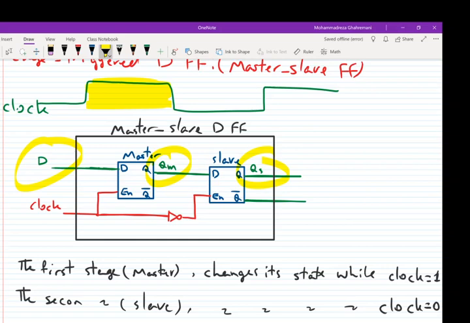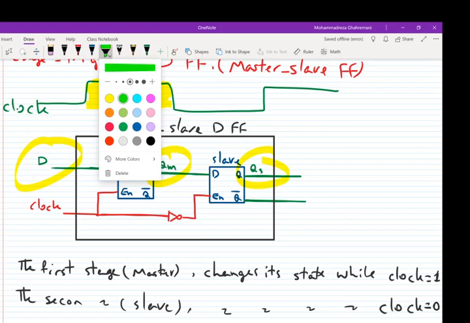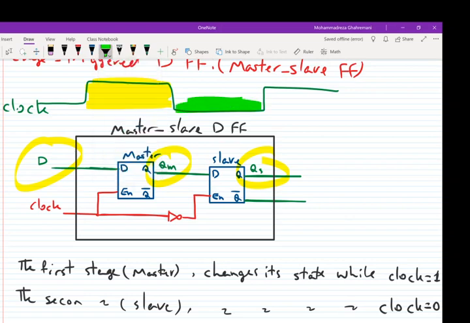When the clock signal changes to 0, the green highlighted area, let me just erase these highlights.